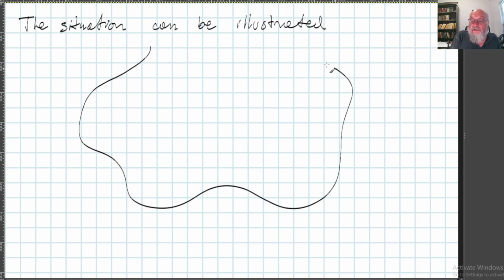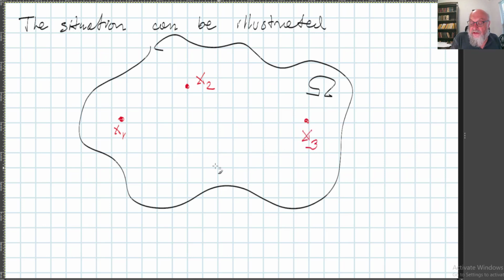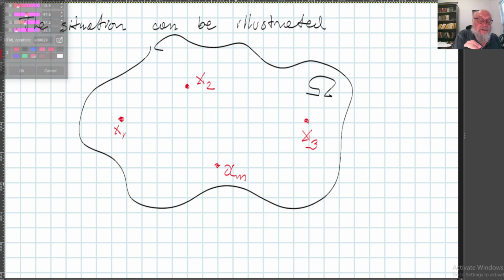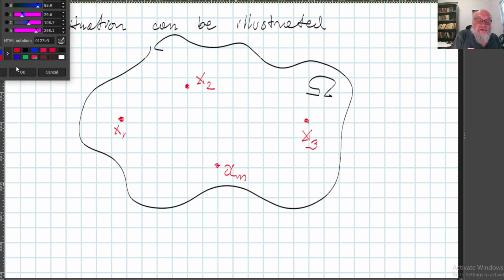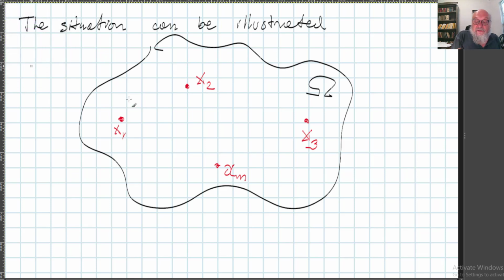Then I have here the points. This is my x1, this is my x2, this is my x3, and that's my last one, xm. And now we choose delta. So we have here small neighborhoods.